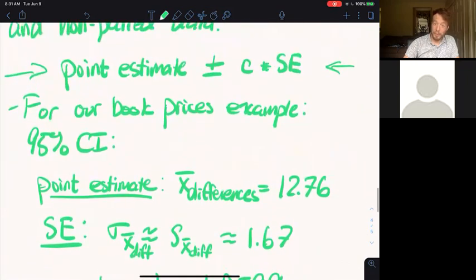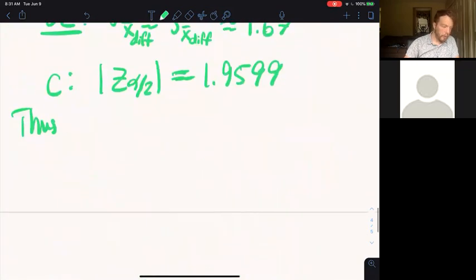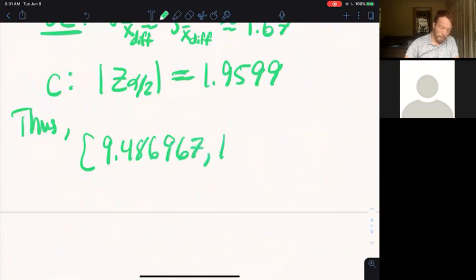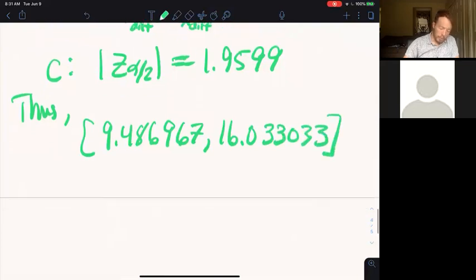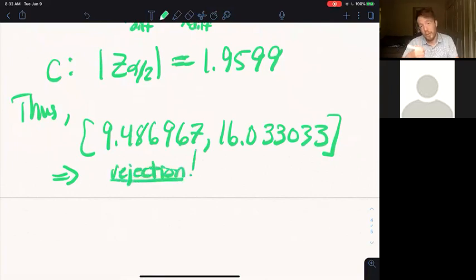Okay? And if you put these all together, literally just plug them into our usual formula for the confidence interval, you'll get this. Which I believe, if we were to do the hypothesis test we did for the books, again, look back in the previous lecture, this corresponds to a rejection of that hypothesis test, which corresponded to when we actually did the hypothesis test.